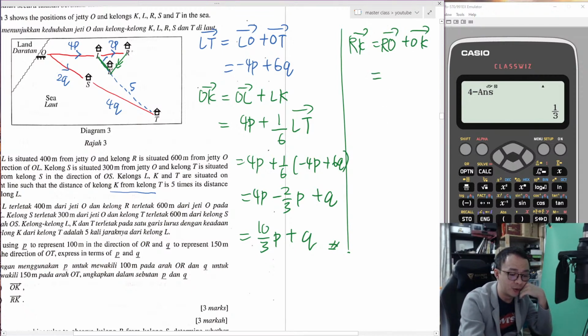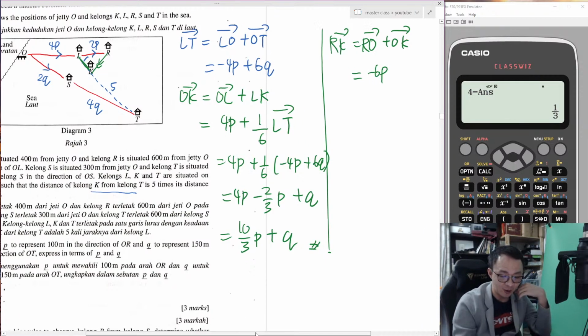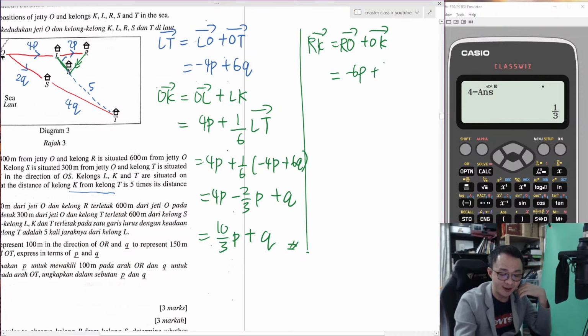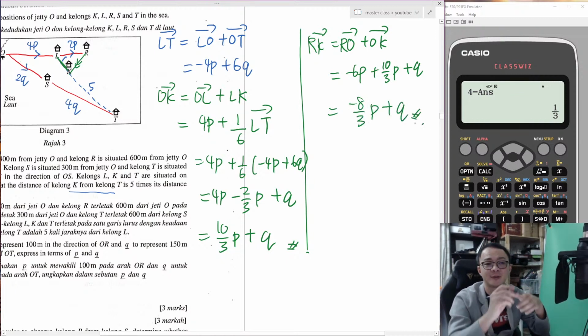R to O is the opposite direction, negative 6p. And O to K is this answer here, 10 over 3p plus q. Alright, this one is negative 18, so it will be negative 8 over 3p plus q. Done.